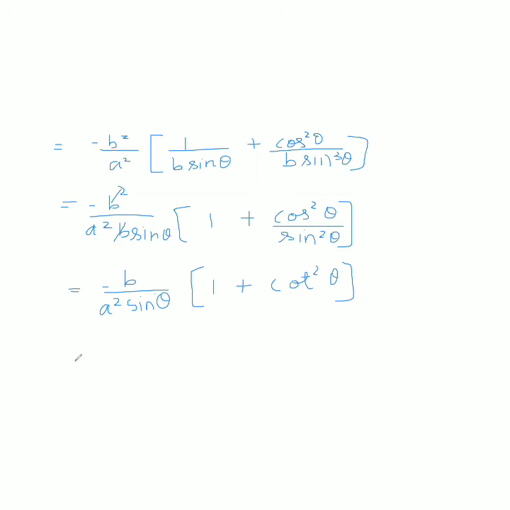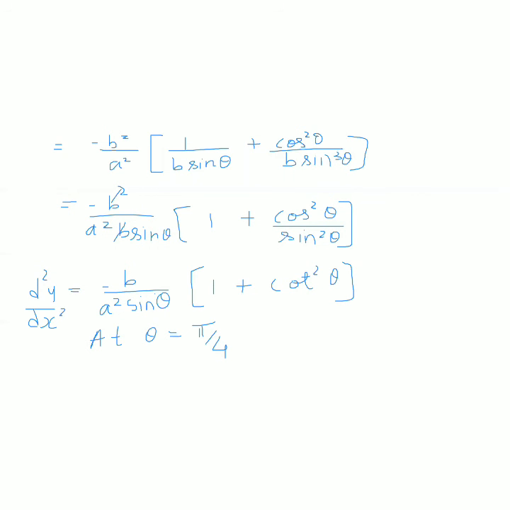Now let us find the value of d2y by dx square at theta equal to pi by 4. So d2y by dx square is equal to minus b upon a square sine theta, that is sine pi by 4, bracket 1 plus cot square pi by 4.